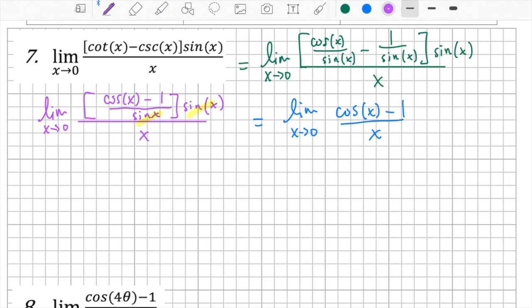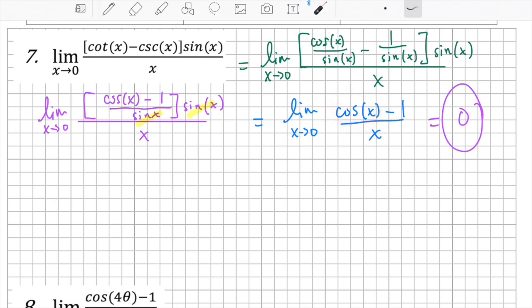And this is good because we have a property that says that if you have the limit as x approaches 0 of cosine of x minus 1 over x, the answer is going to be 0. So we need to memorize this.